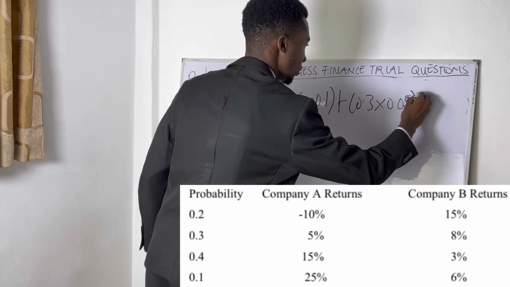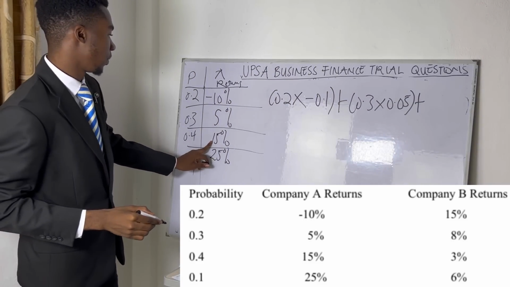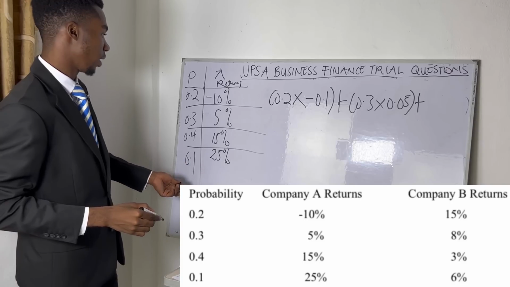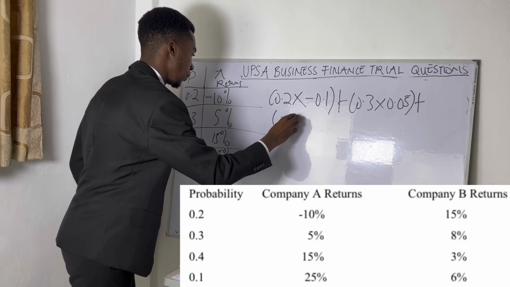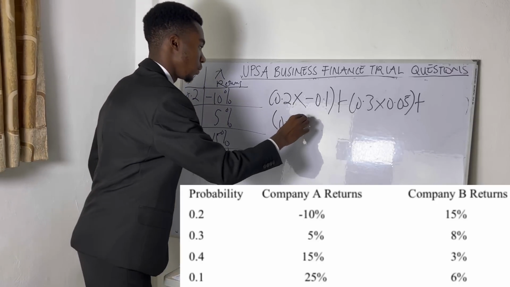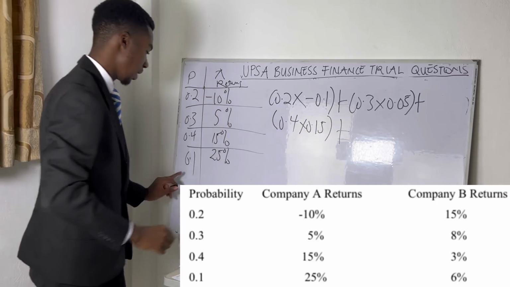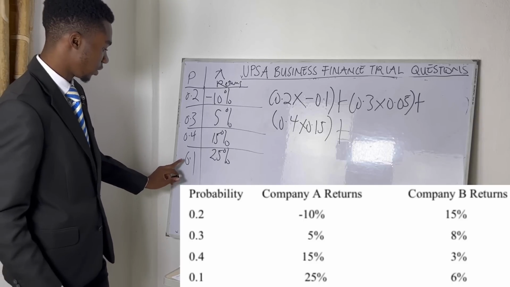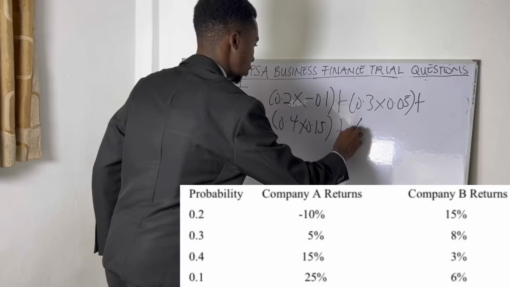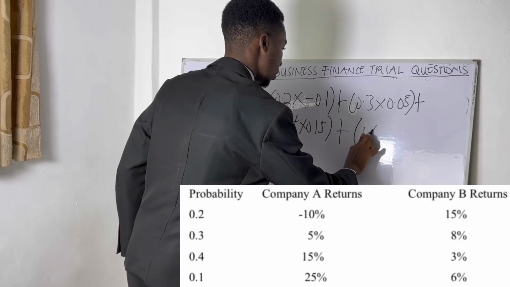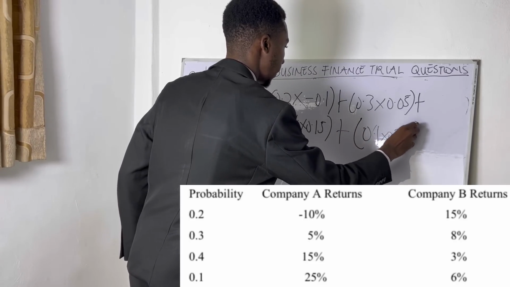Then plus 0.4 times 15%. 15 over 100 becomes 0.15. So plus 0.4 times 0.15. Then plus the last one, which is rapid growth: 0.1 times 25%, which is 0.25.